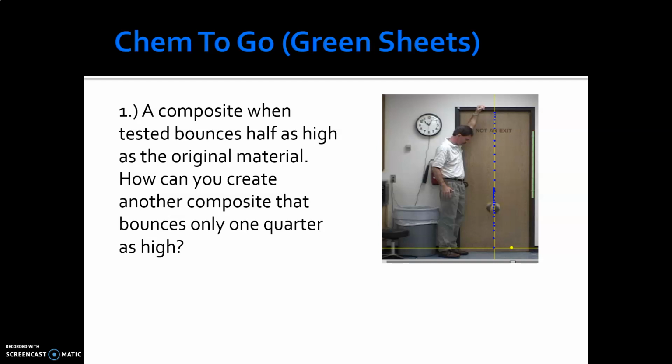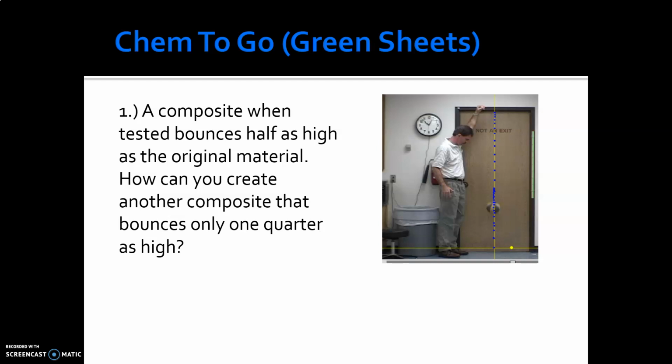All right, so in this scenario, when creating your composite, your bounce actually decreased, and it was decreased by half. So if we wanted to decrease in half again to get down to only 1/4 as high, because 1/4 is half of 1/2, then we would need to add even more of our composite material.